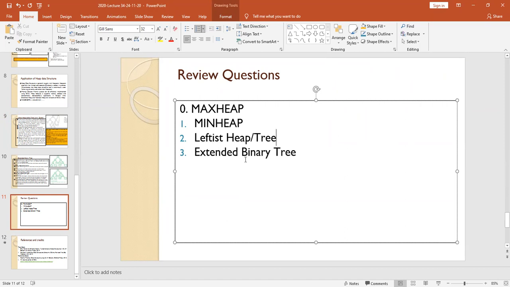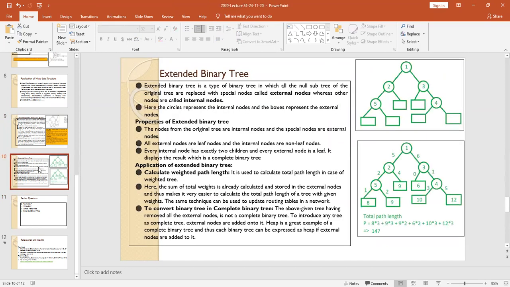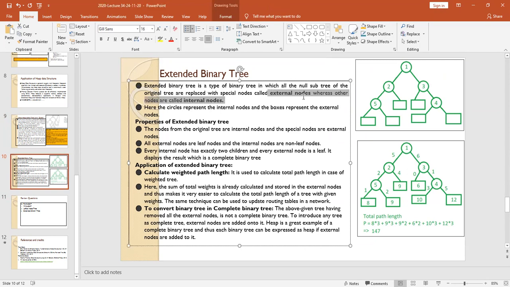Next you get the extended binary tree. Extended binary tree means all subtrees of the original tree are replaced with special nodes, which we call external nodes, whereas the other nodes are called internal nodes. Come to the properties.